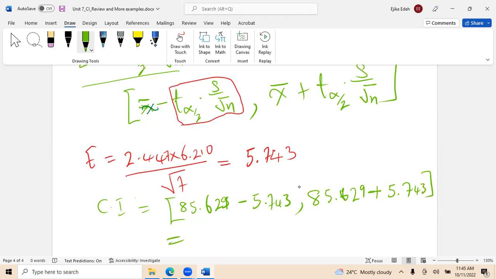So we have 85.629 minus 5.743. Do you have an answer? 79.8855, so let's make it 79.886. All right, so that is the lower band. Then for the upper band, same set of numbers, just add them this time.